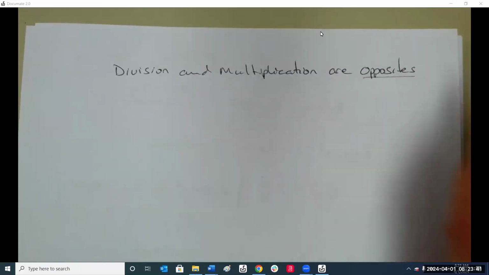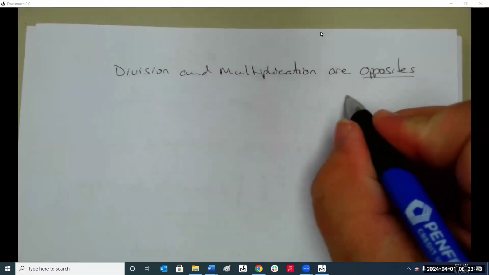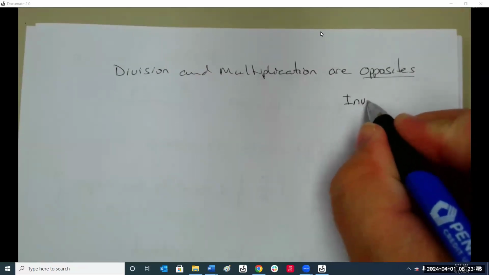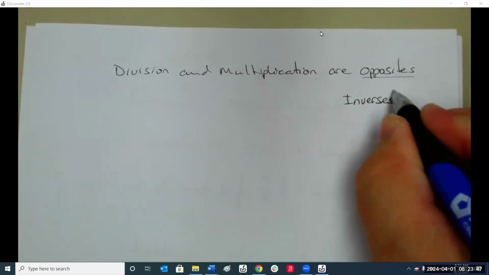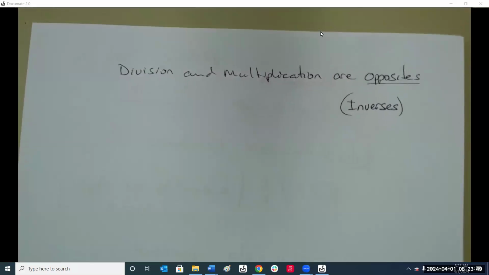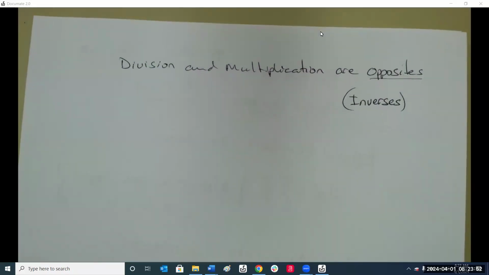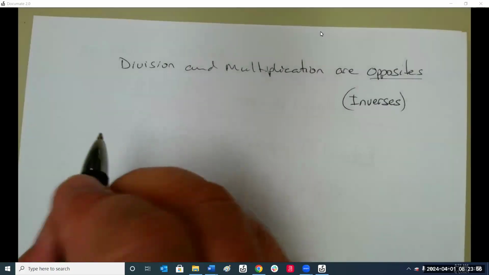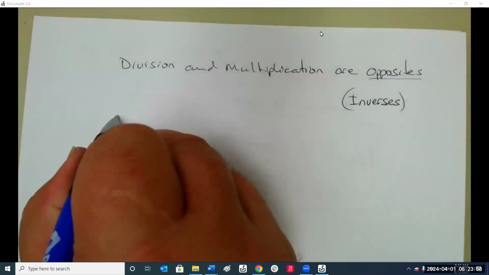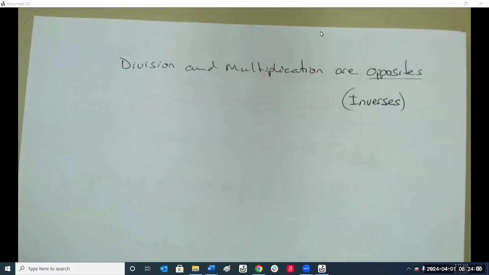And a more mathematical term than opposites is their inverses.